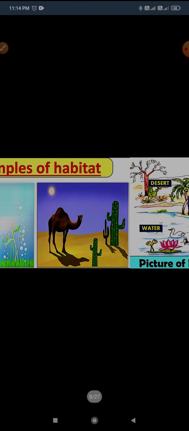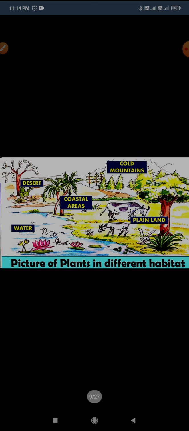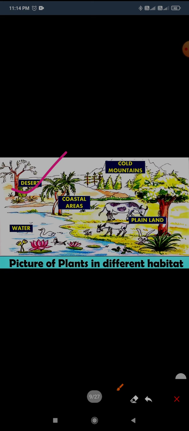Now the next, here you can see the pictures of plants in different habitats: plant in desert area, plant in water area, plant in coastal areas, plant in cold mountains, plant in plain lands. So you can see all these plants.